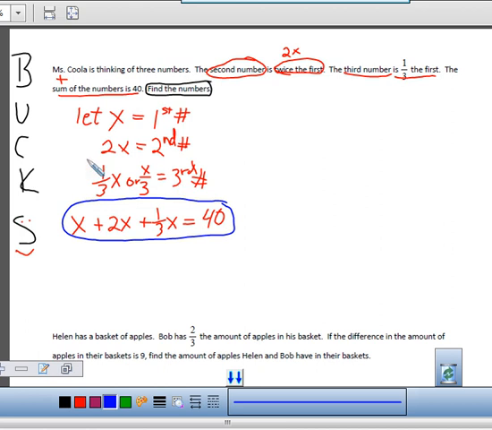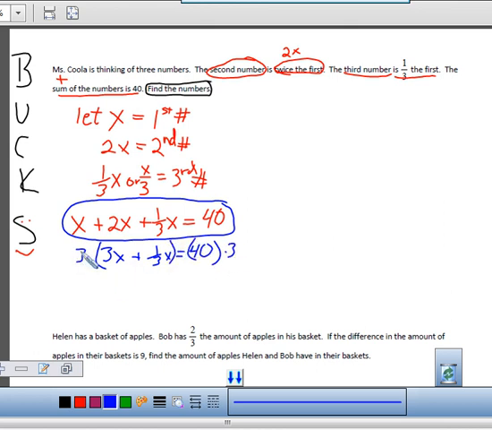Part of this process is not only doing the let statement, but writing the correct equation. All right, now I'm going to solve it. So x plus 2x I can do. 3x plus 1/3 x equals 40. Now, I could actually add 3x and 1/3 x, but that might make this more complicated. I'm actually going to get rid of that fraction by multiplying both sides of my equation by 3.